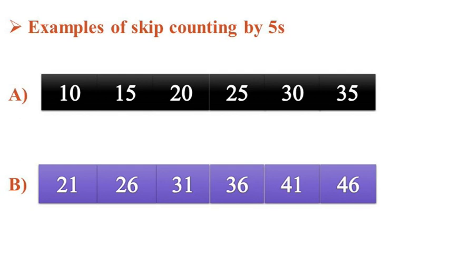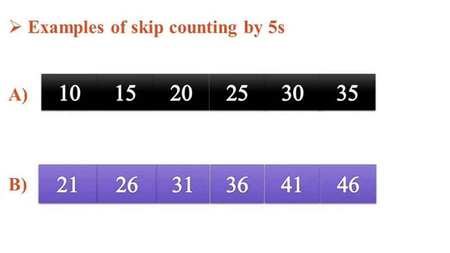What I have to do is add 5 to the previous number to get the next number, right? Let's start with 10. I add 5. So what numbers will we get? 15, 20, 25, 30 and 35.